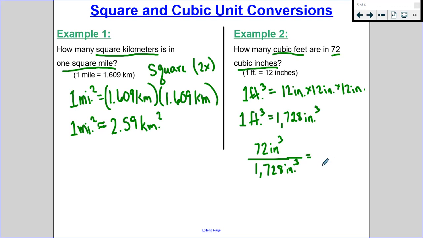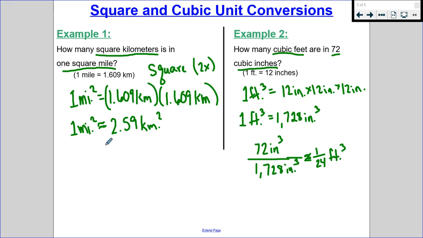So 72 divided by 1,728 is going to be approximately, you know what, I'm going to keep it a fraction. It is 1/24 of a cubic foot.